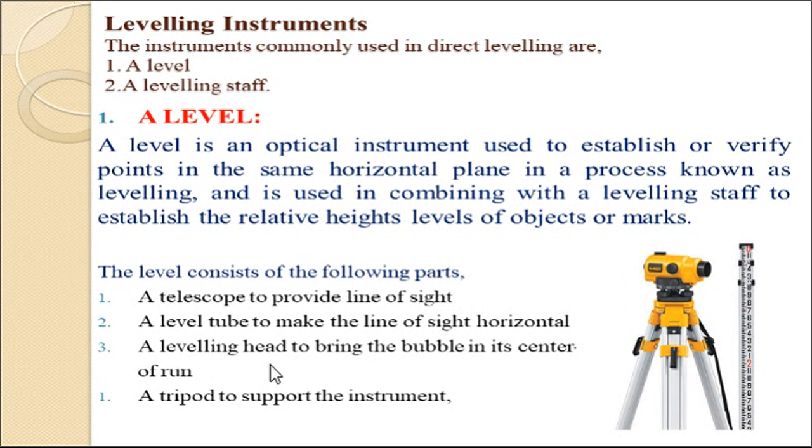The leveling head, that means the entire assembly is fitted on this leveling head, which is fitted with screws. Three foot screws are there that help us to make the instrument perfectly level. And next one, the tripod stand. The tripod stand has 3 legs, hence it is called tripod, and the leveling instrument is fitted on this tripod stand.